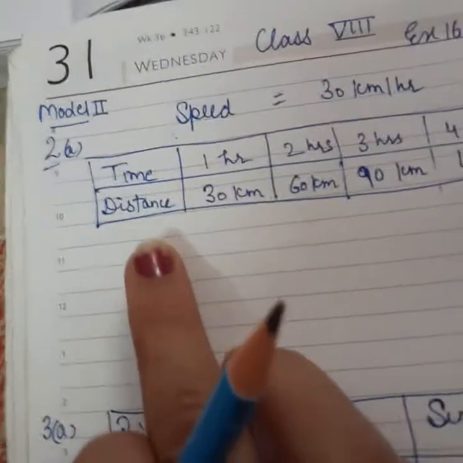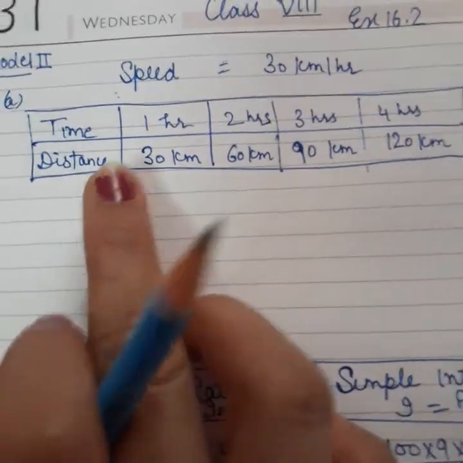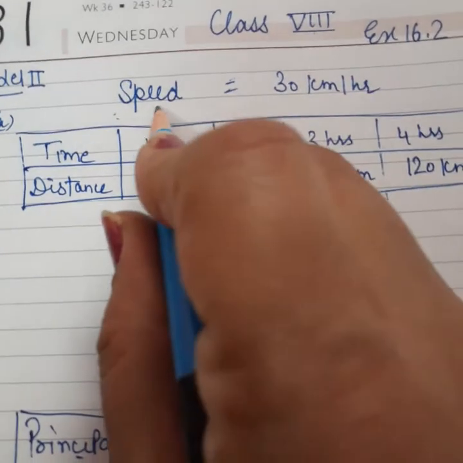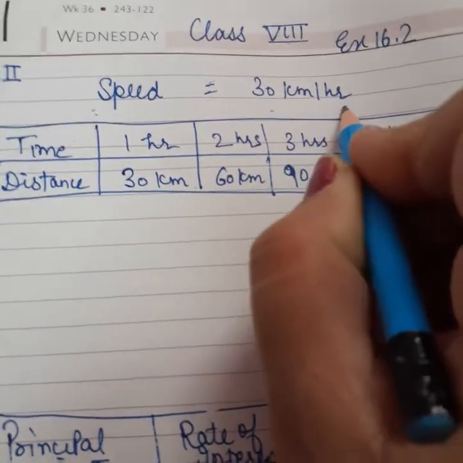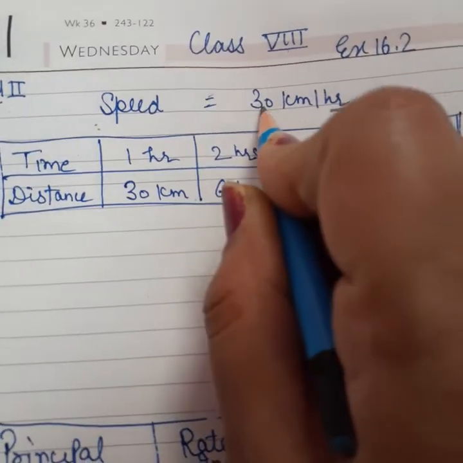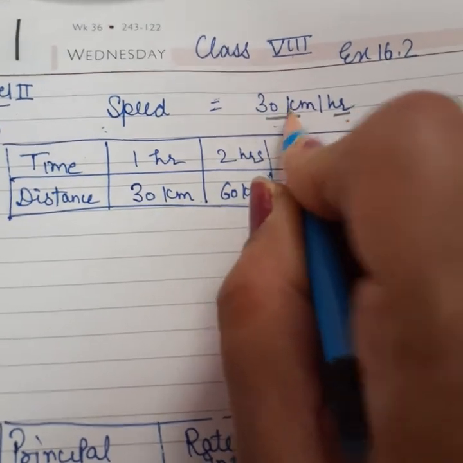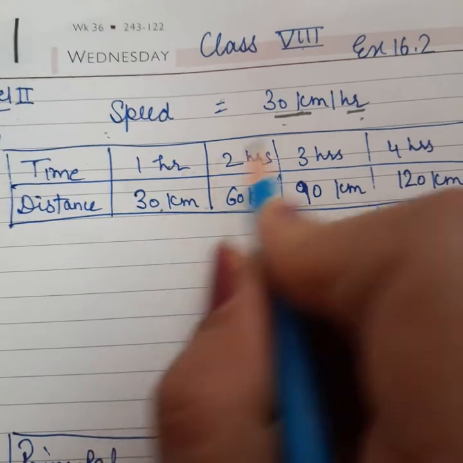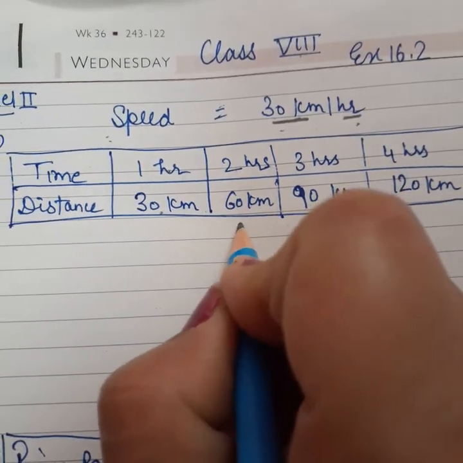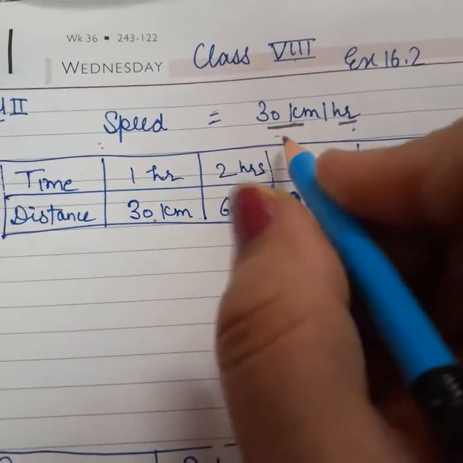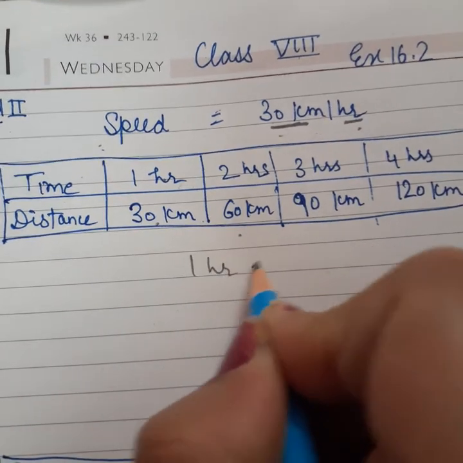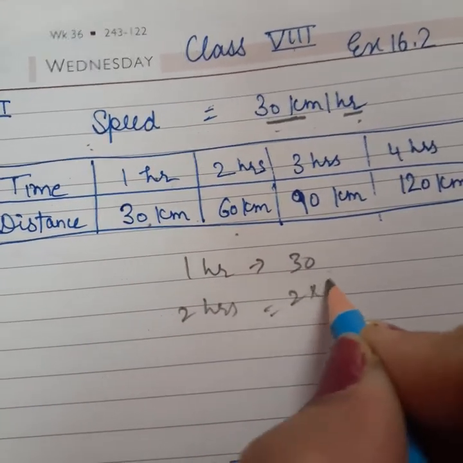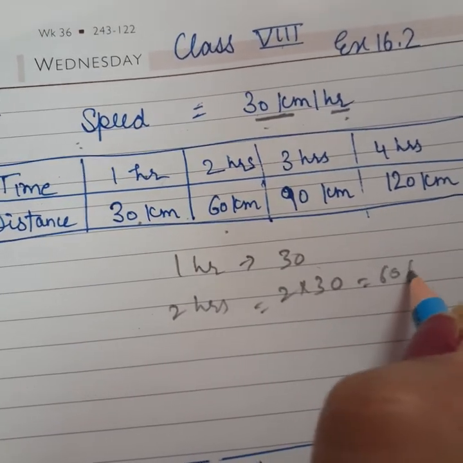So firstly we make a table which is a relation between time and distance. Now speed is 30 km per hour means in 1 hour how much distance is covered? 30 km. So 1 hour is time, 30 kilometer is distance. So in 2 hours, by unitary method, if in 1 hour distance covered is 30, then in 2 hours distance covered is 2 into 30, it is 60 kilometer.